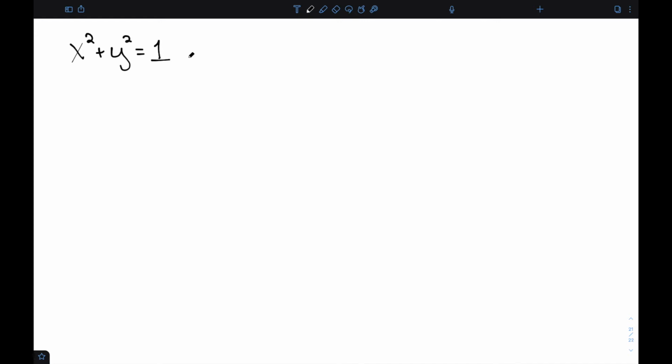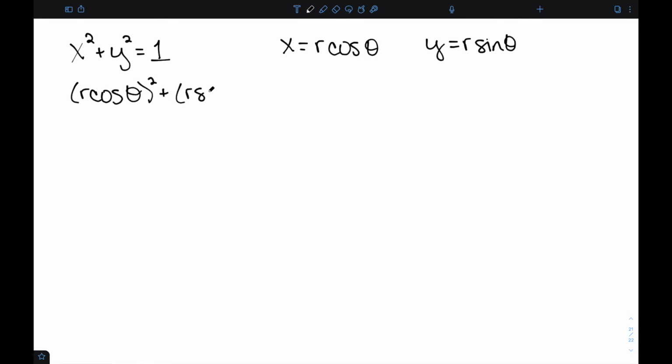Next, let's look at converting x squared plus y squared equals 1. Once again, we know that x is equal to r cosine theta and y is equal to r sine theta. So this becomes r cosine theta squared plus r sine theta squared equals 1.